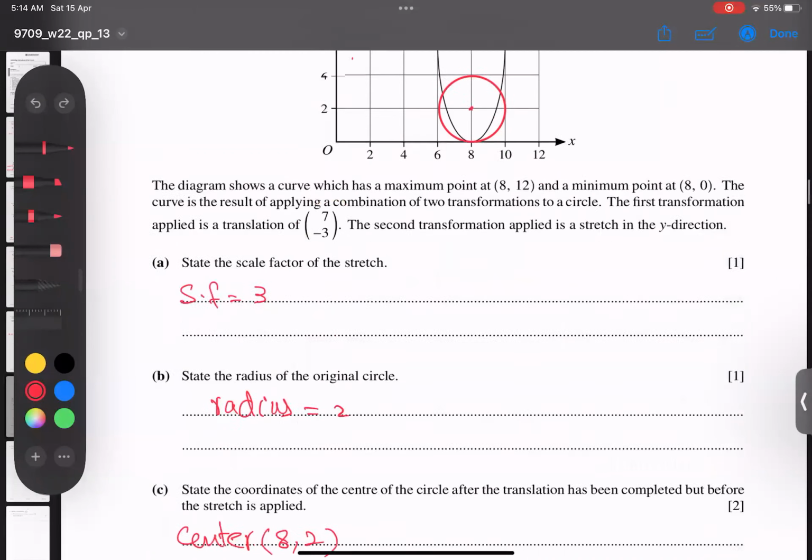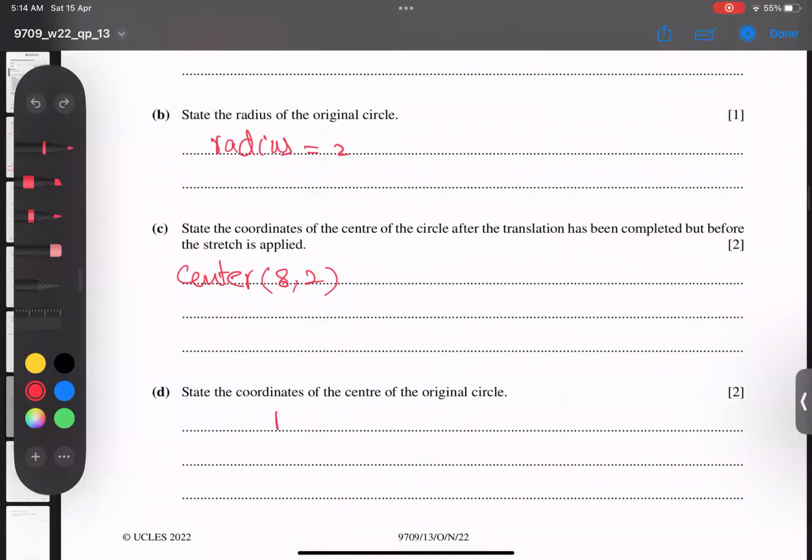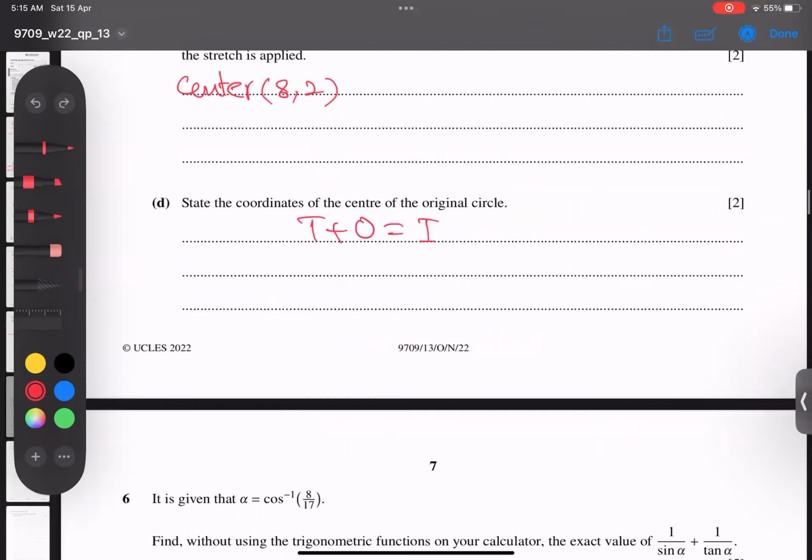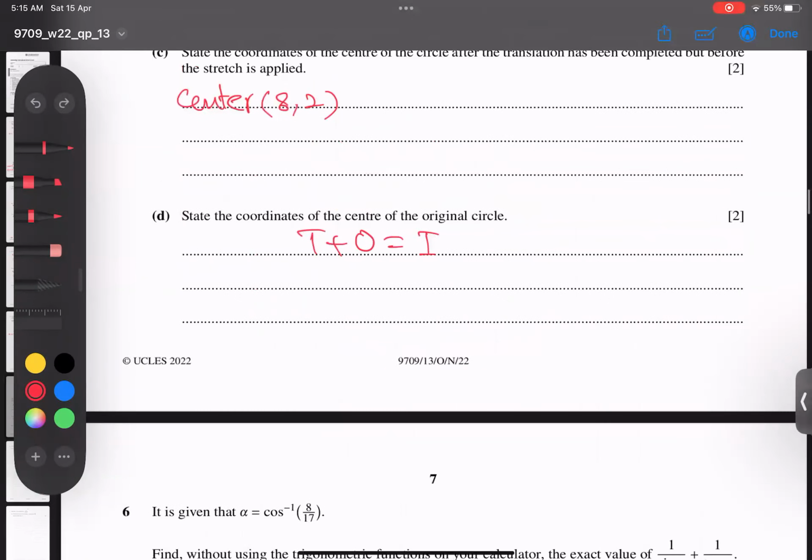Or I have another technique. I can say here, object plus translation gives you image. I repeat, when you apply a translation on an object, you get an image. It's very clear. This is the translation vector given by him, 7, minus 3. The object is the original one. So if I bring this to the other side, I minus T. What does I stand for?